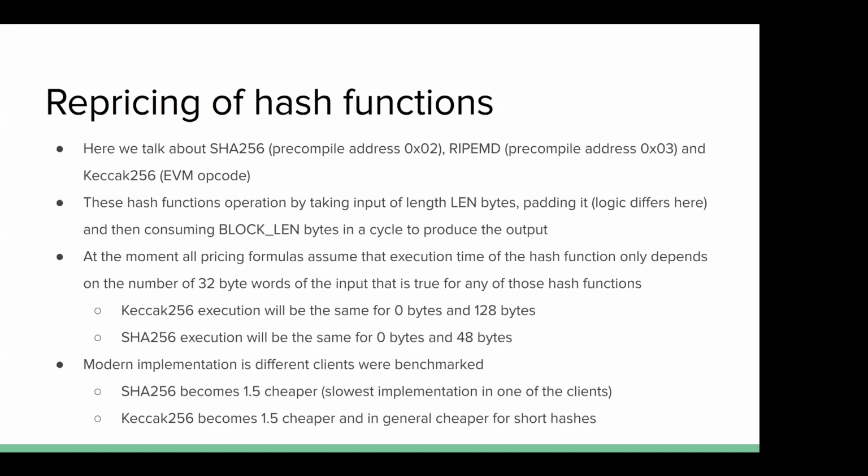Another precompile, at address equal to 1, is just a memory copy, which is well priced. So actually, after this EIP is accepted, almost every precompile is repriced to properly reflect how expensive it is. And by properly reflect, I mean how much CPU time execution takes, and then we transform CPU execution time to gas and set this price for every precompile.